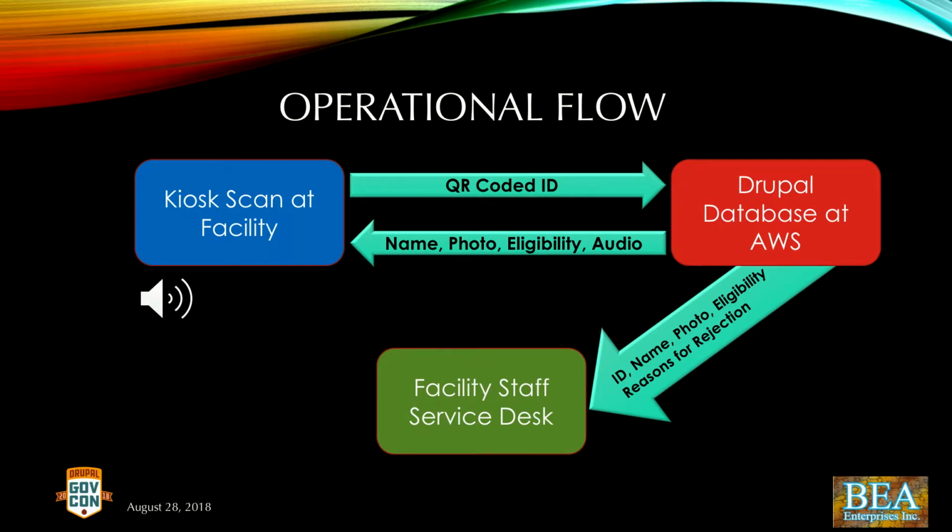So if someone is rejected, they're immediately ready to help them out, get them registered, or tell them their presence isn't going to work because they're banned or something. We occasionally have those kinds of issues.